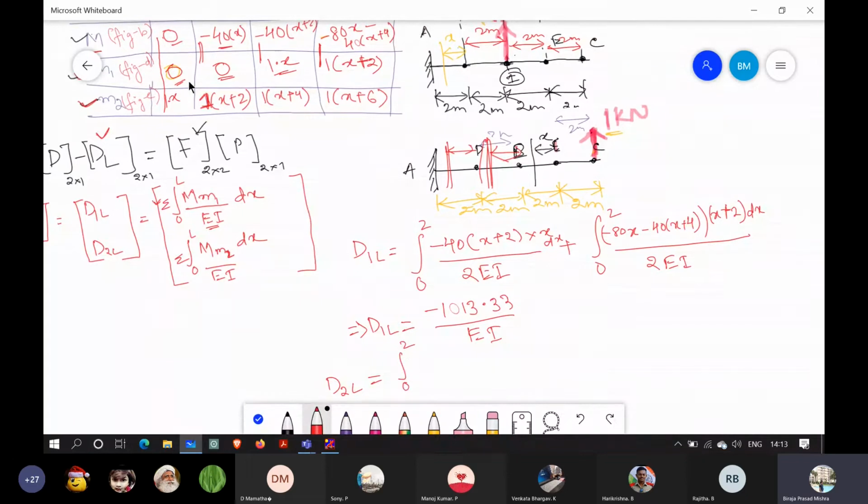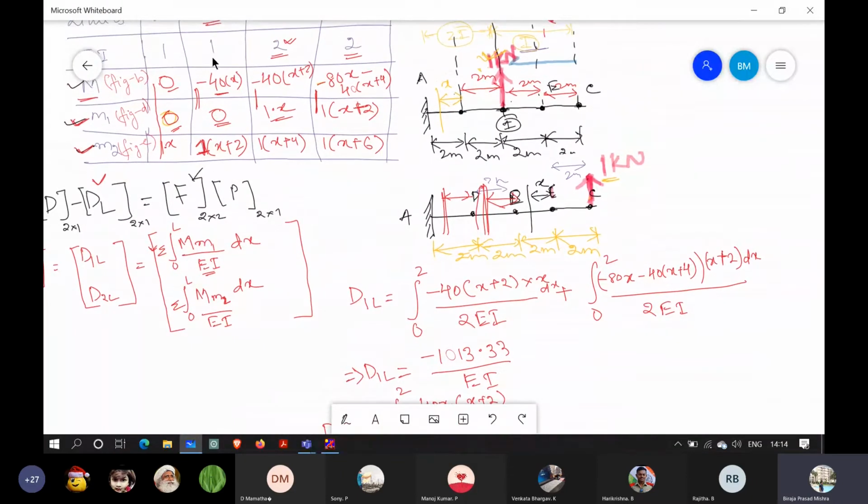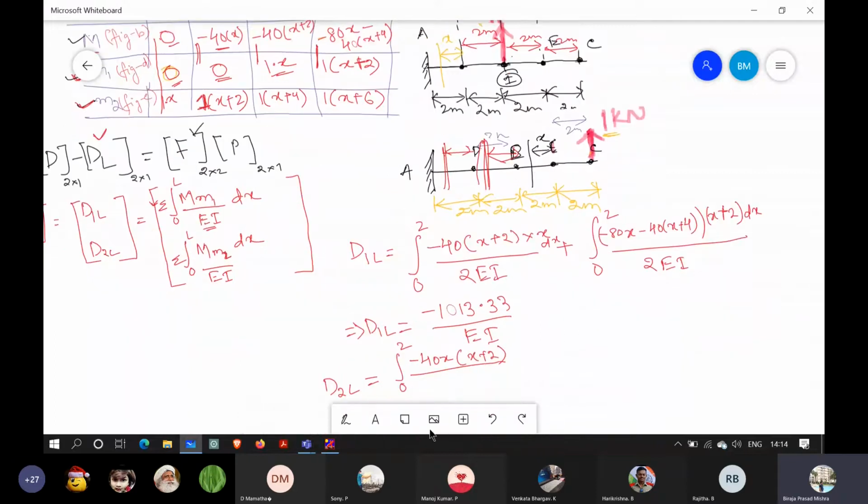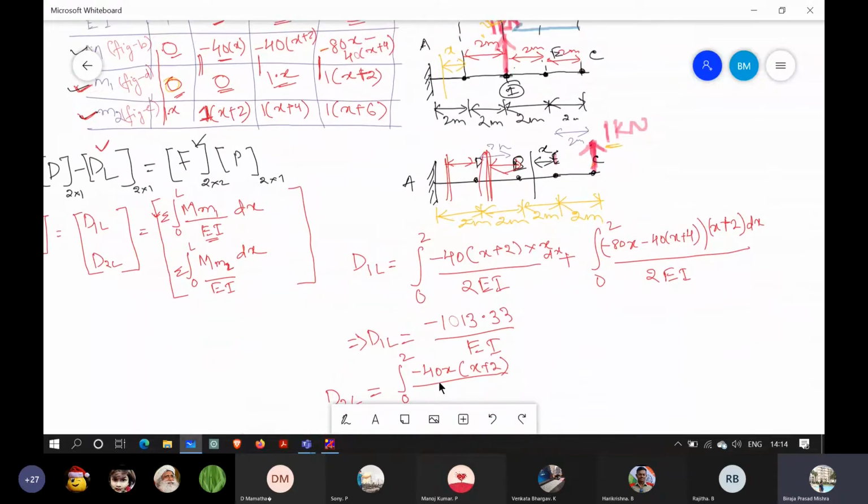integration 0 to 2, minus 40 into x plus 2, divided by EI. You can see here the value of EI is 1.